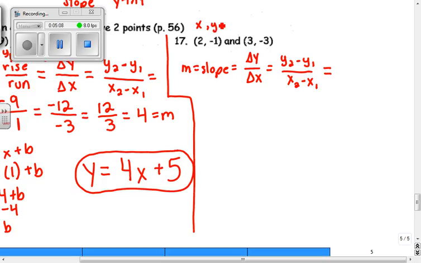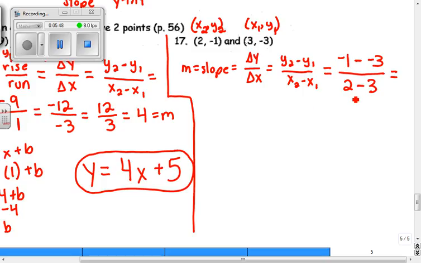We know that x always comes first. Again, we just have to be consistent with which point is the first point and which one's the second one. I'm going to make this one the first one over here. So this means this is the second point. Their last name is 2. Okay, so y2 in this case would be negative 1 minus my y1 is negative 3 over x2 is positive 2 minus x1, which is positive 3.